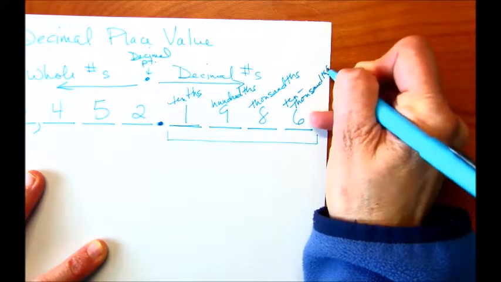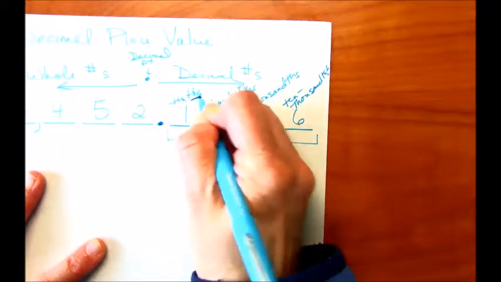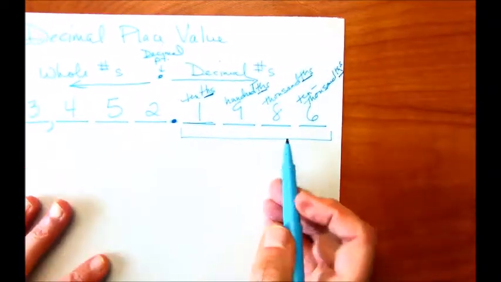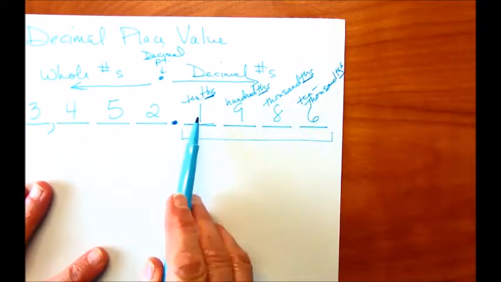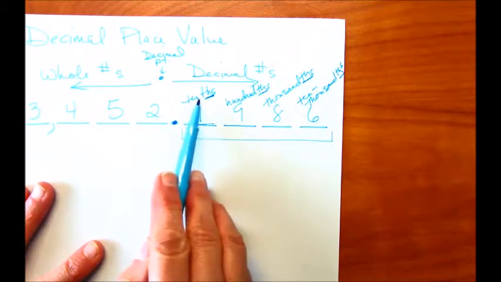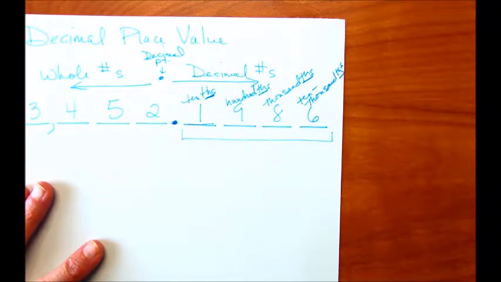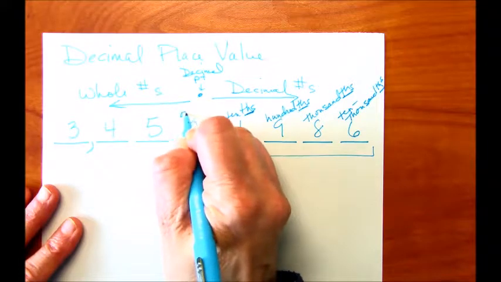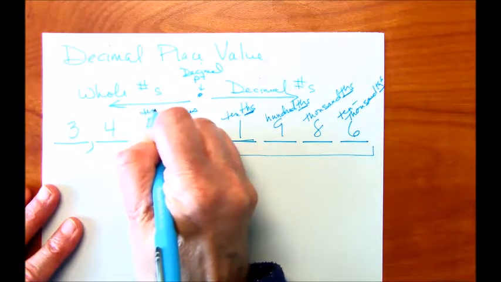Trying to make sure I say the THS. It's a little hard to say, but if you see a THS at the end of the name of the place value, that's a hint telling you that those place values are decimal place values. For instance, as a comparison, here's ones, tens.